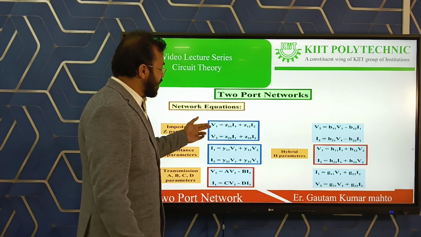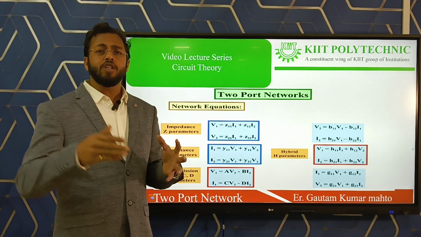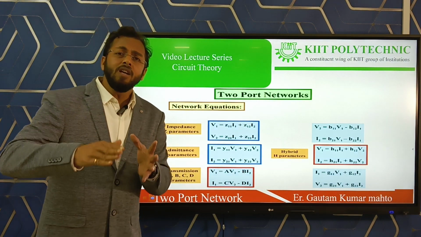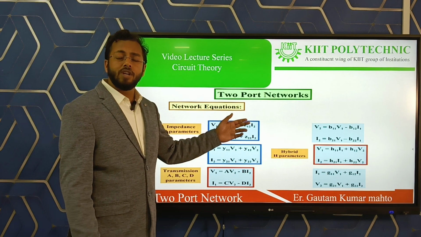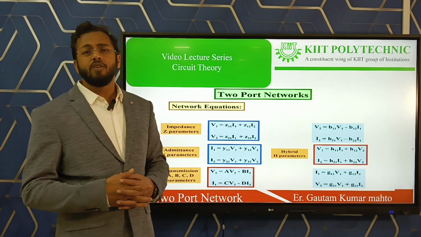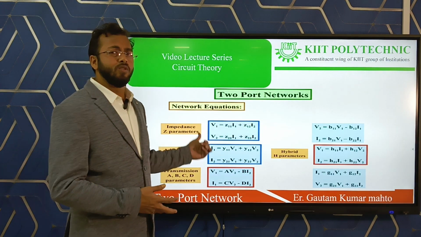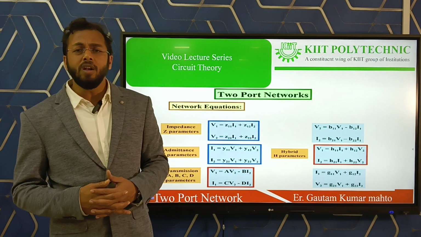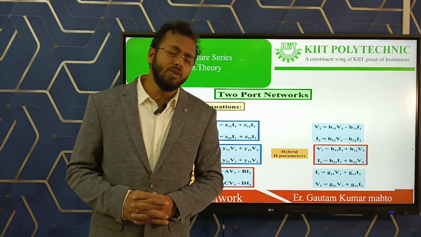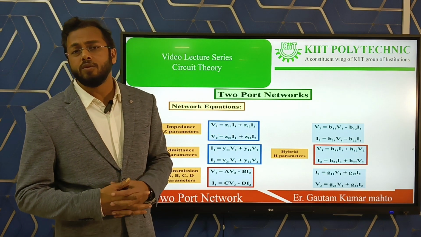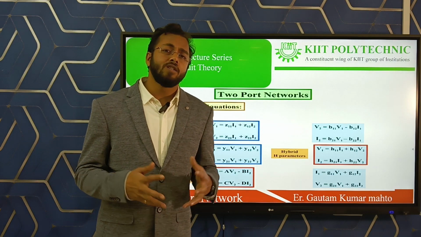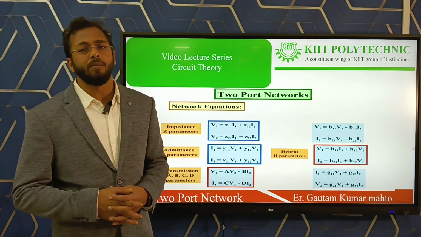We can represent the voltages in terms of the currents: V1 is equal to Z11 I1 plus Z12 I2, and V2 is equal to Z21 I1 plus Z22 I2, where Z11, Z12, Z21 and Z22 are the impedance parameters.